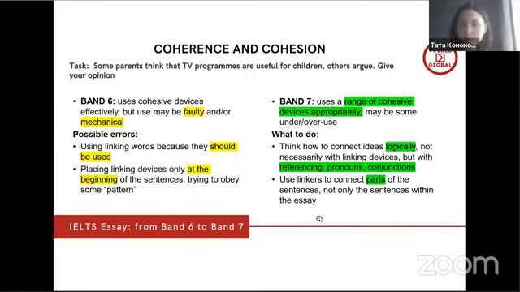The next point concerns coherence and cohesion. And here, people, I want to emphasize once again that it's not only about using cohesive or linking devices. If you pay attention, coherence comes first. And coherence is about how your ideas are logically connected.